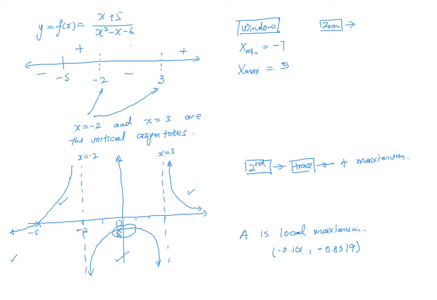Okay, so now, if you have a look at the graph, I think the other function, I will talk about it tomorrow. Okay, I redraw the graph because I want to teach you another thing. So from this slide, we learn how to determine the x-intercept, how to determine the vertical asymptote.